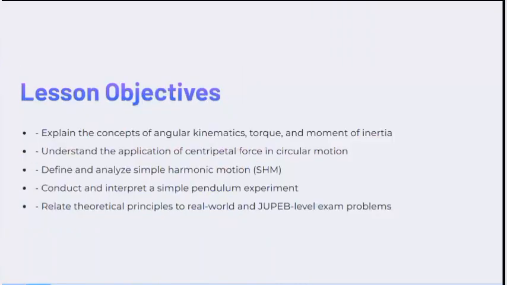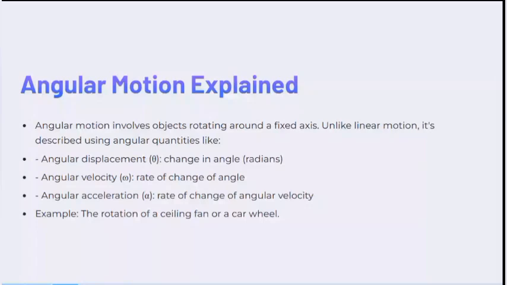First, I would explain what angular motion is. A body is said to be in angular motion when it is rotating around a fixed axis. Angular motion is similar to circular motion: you have a single line drawn in space, and a body moves around that line.